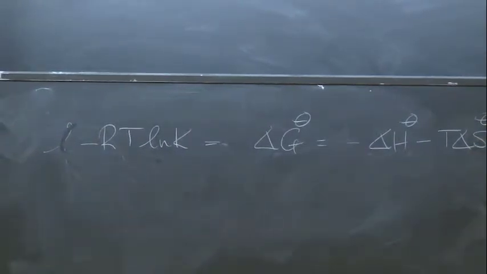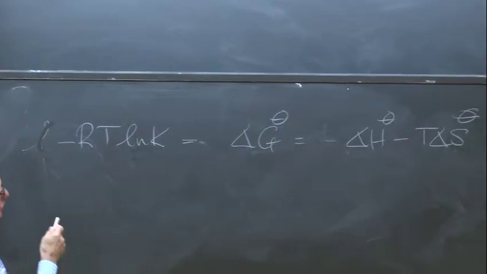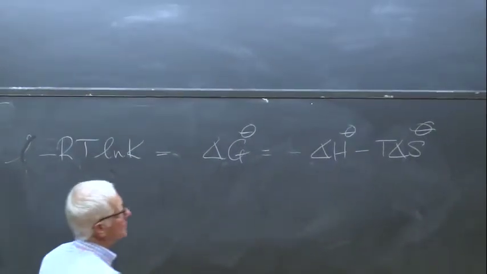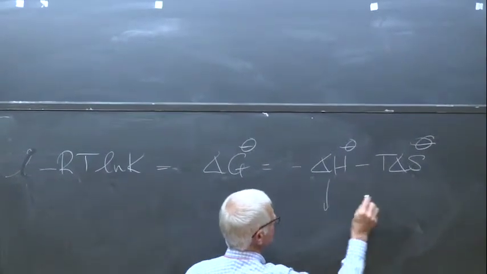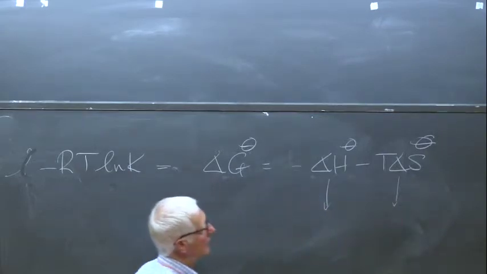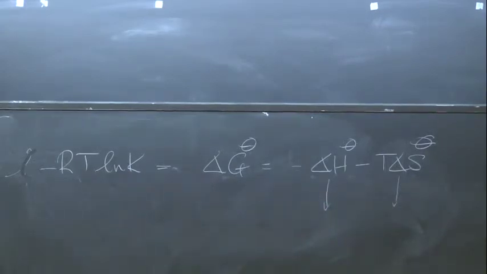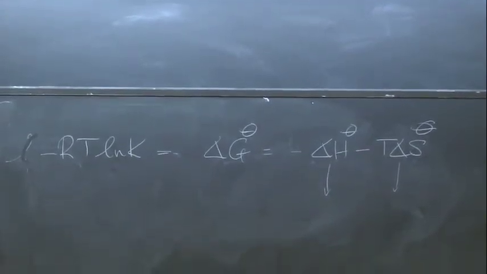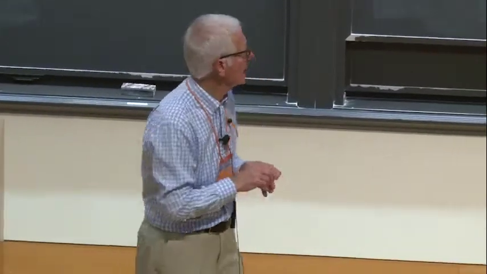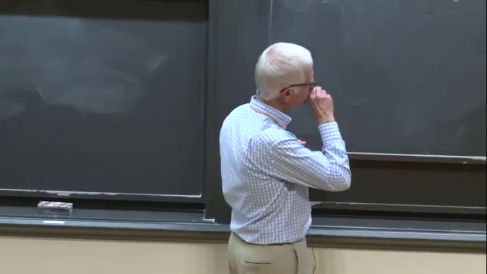And what you can do is, if you express the temperature dependence of these things in some form or other, you can then plot the logarithm of the equilibrium constant versus temperature, and from the slope you can get delta H.